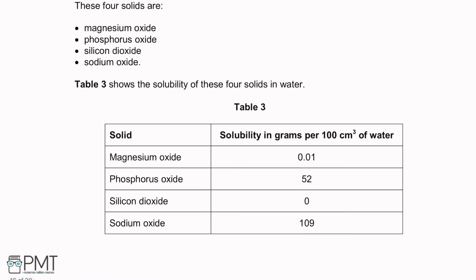We are now told that the 4 solids are magnesium oxide, phosphorus oxide, silicon dioxide and sodium oxide. And table 3 shows the solubility of these 4 solids in water. So solubility is how easily something dissolves.